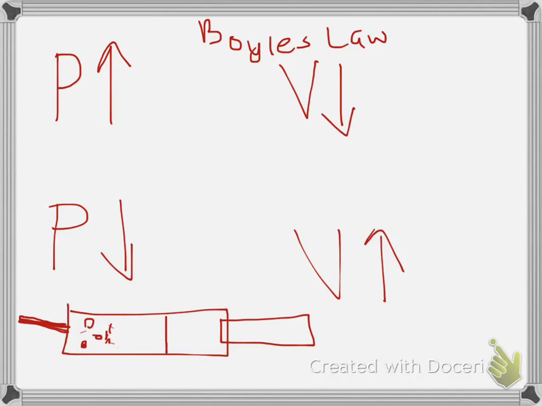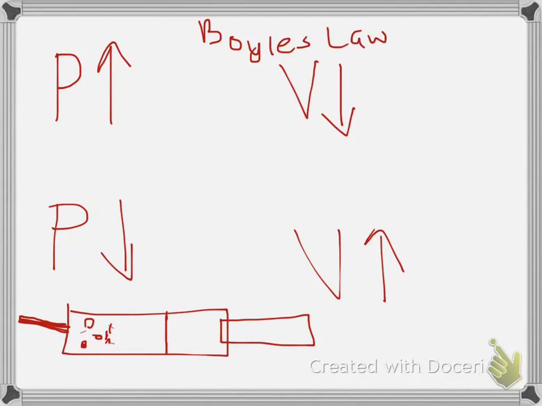This was my little stopper right there. As we pushed this, the pressure would increase, but the volume would decrease. Similarly, when we push this back, the volume would increase, but the pressure would decrease. So there's your little explanation there.